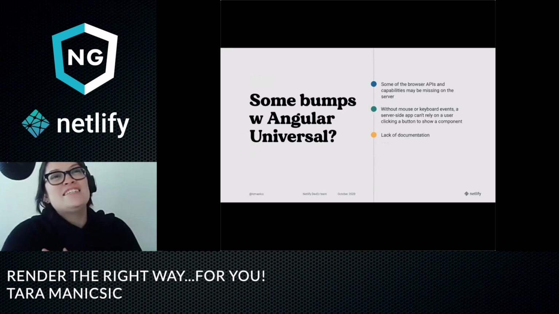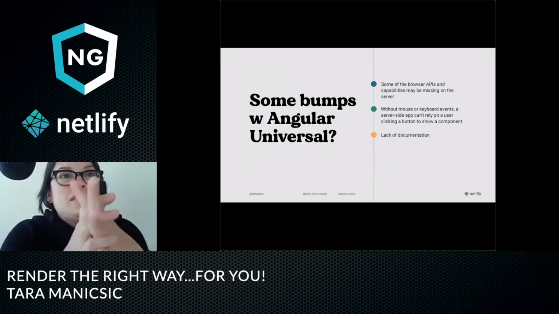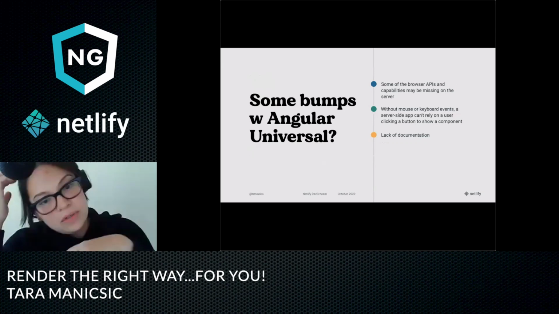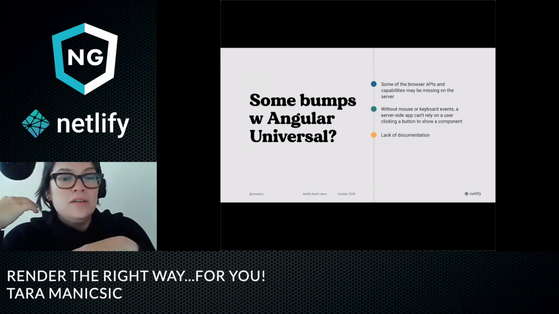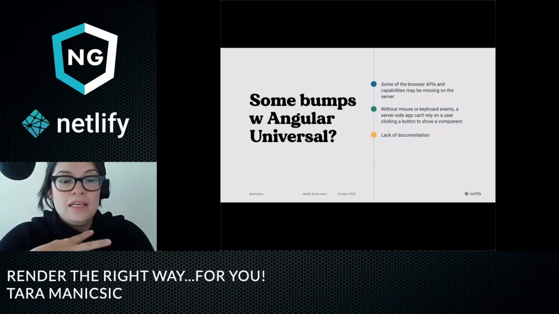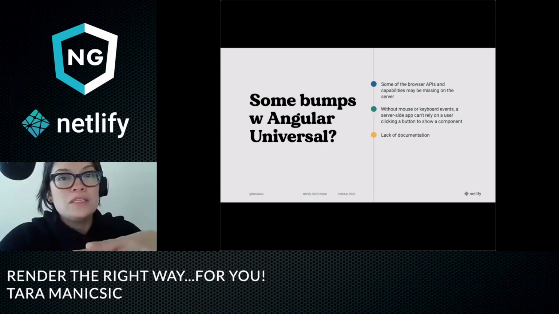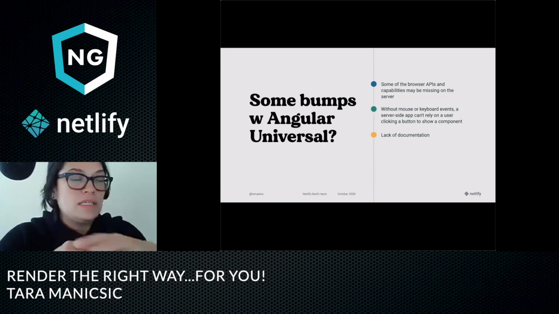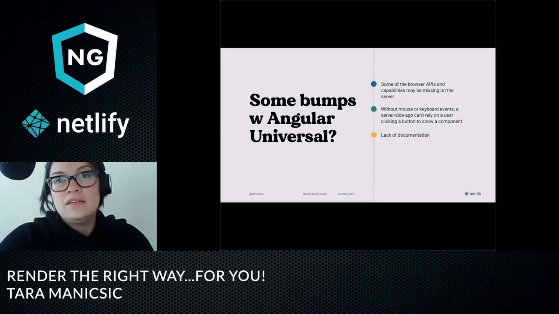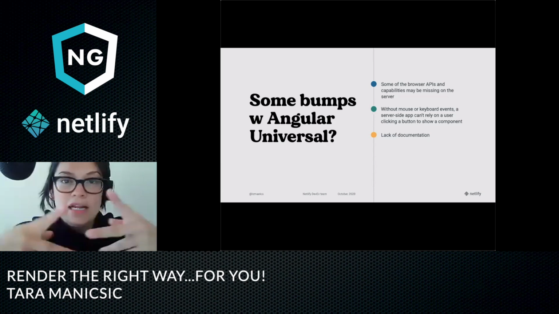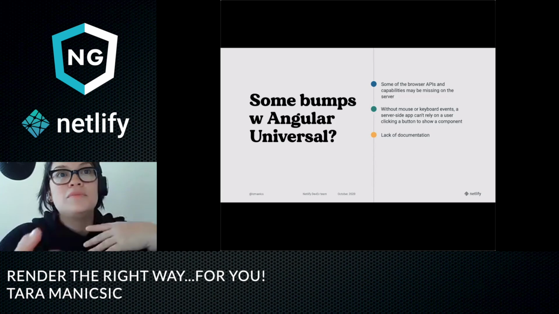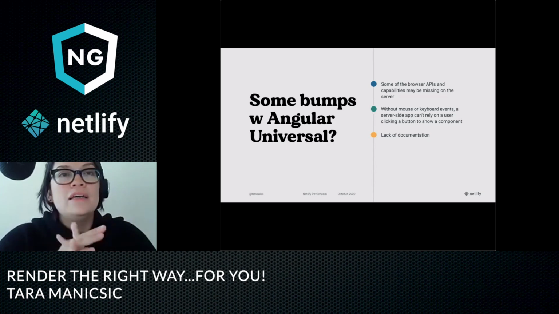Some of the bumps: some of the browser APIs and capabilities may be missing on the server. With the skeleton, we won't have anything in place that won't work just yet because we'll be using router links, which actually use that native anchor tag, the A tag, so that's familiar to the browser API.